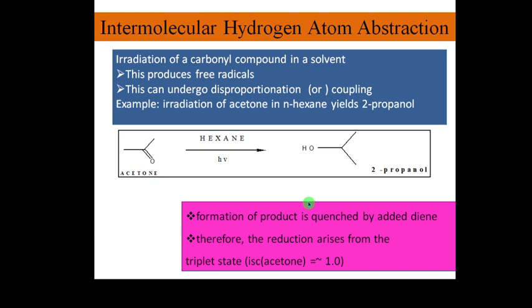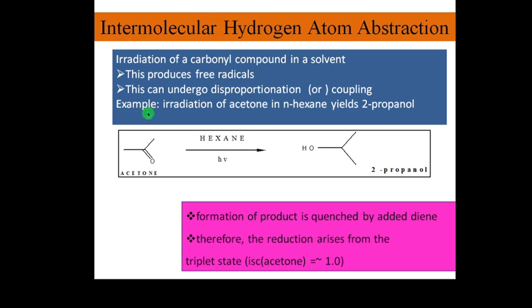And what is intramolecular hydrogen atom abstraction? Before going to this particular aspect, one must be clear about what is intramolecular and what is intermolecular. Intra means within a molecule. Inter means in between two molecules.